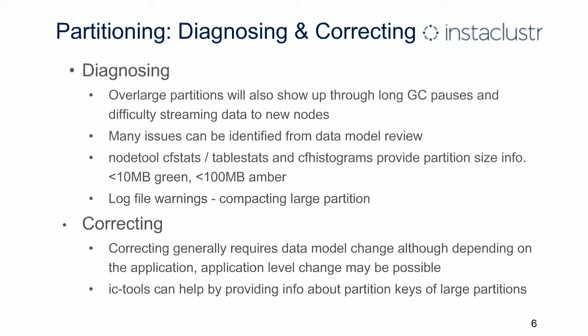We recently published a set of tools called IC Tools, which can also help by giving you the actual partition keys of any large partitions and the top 10 partitions and those kinds of things, which we've found pretty helpful in digging down and understanding where the large partitions are coming from when an initial data model review doesn't make it clear. And there'll be a link to those tools in the mail out that we send after this presentation.